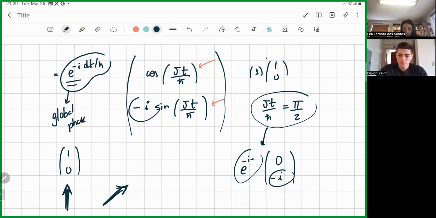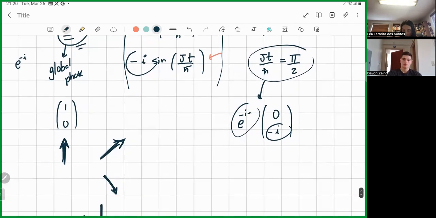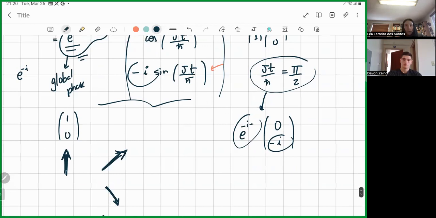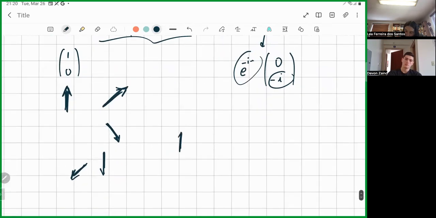So an exponential of i for the whole vector is not important. It's just a global phase. Anyway, this solution is describing a spin that is rotating around. At time 0 it is like this, and it's rotating forever, like that. Okay, so this is the end of this problem.